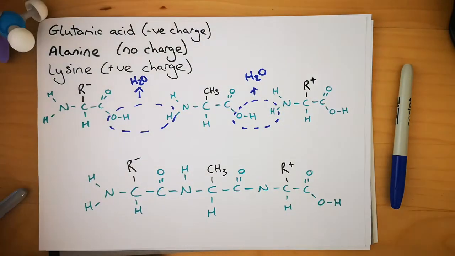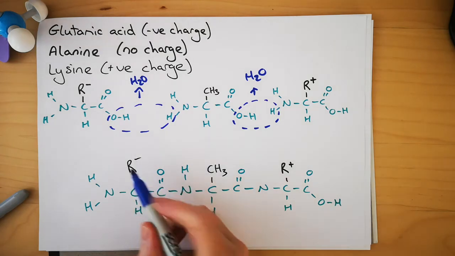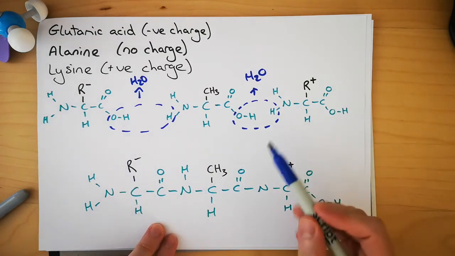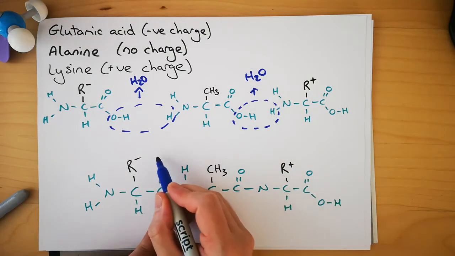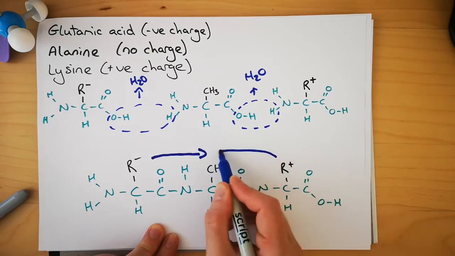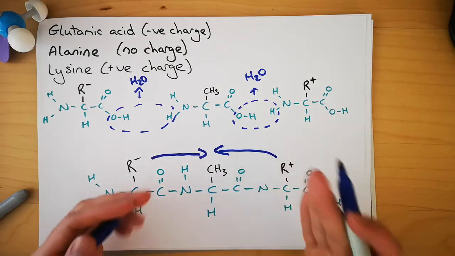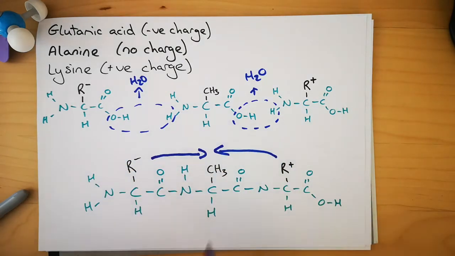Now, what we would imagine to happen, potentially, is that negative charge there and that positive charge there will be a force of attraction pulling those together. Now, this bit's non-polar, so it's almost going to bend away and out from that positive and negative charge being pulled together.